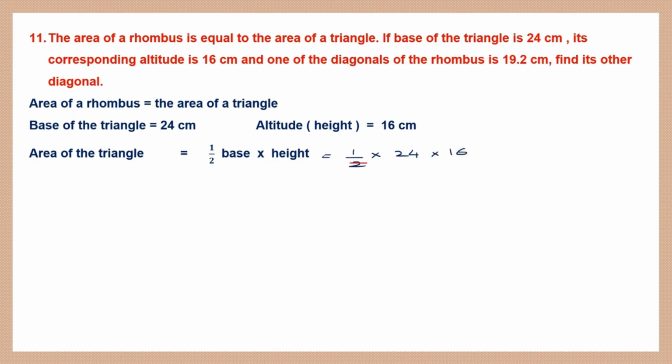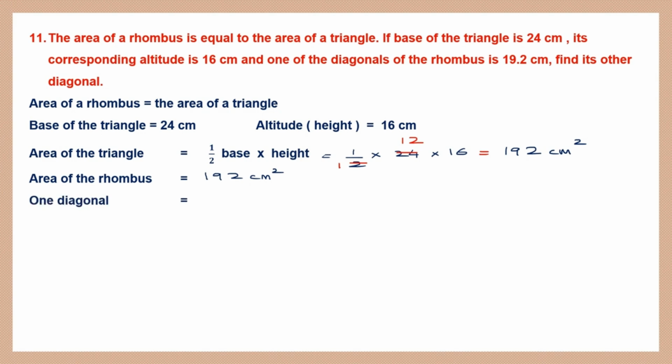I can cancel 2 and 24. 2 ones are 2, 2 12s are 24. 12 into 16. And that is 192. So the area of the triangle is 192 centimeters square. And this is the same area as the rhombus. So area of the rhombus is 192 centimeters square. So we have the area of the rhombus.